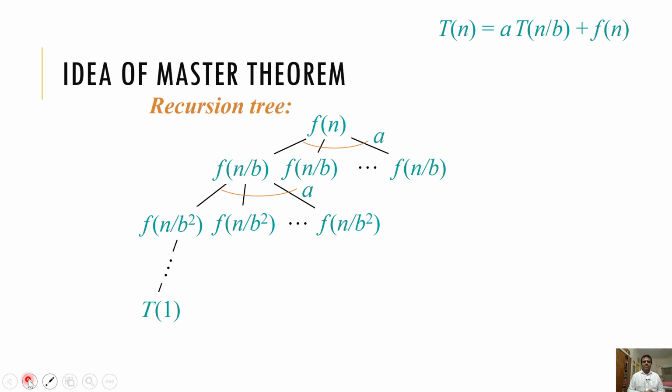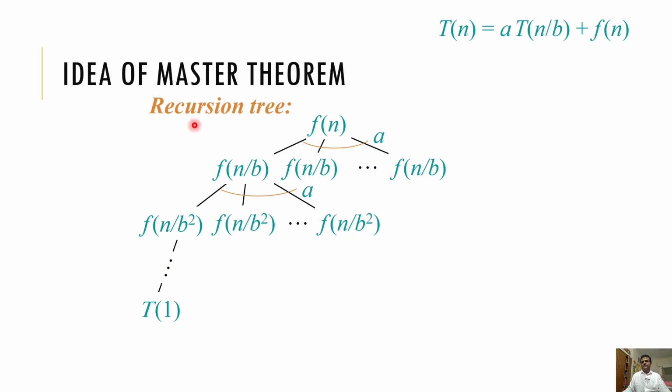So now we will give the proof idea of the master method. For the master method, the recurrence is this: Tn is equal to aT(n by b) plus Fn. The proof idea comes from the recursion tree.